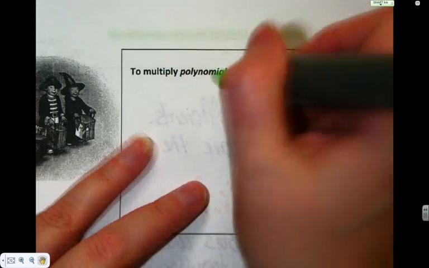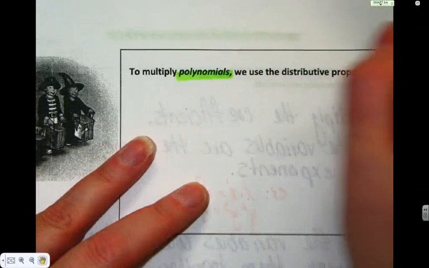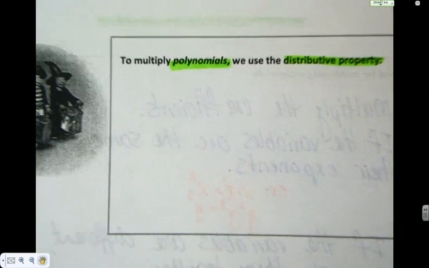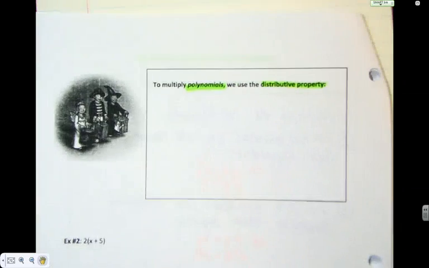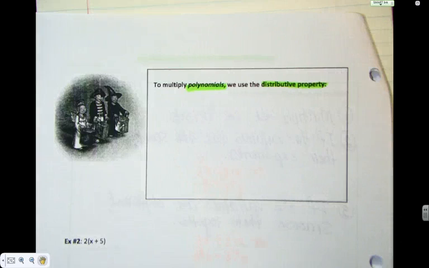To multiply polynomials, we use the distributive property. Sounds so fancy. I'm going to first give you the distributive property in math, which to the right brains probably won't be much, and then I'll give it to you in words.